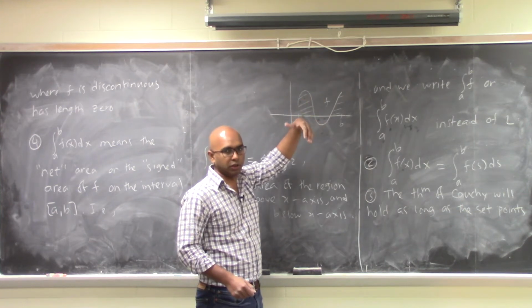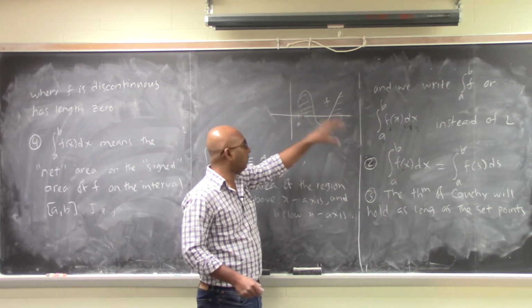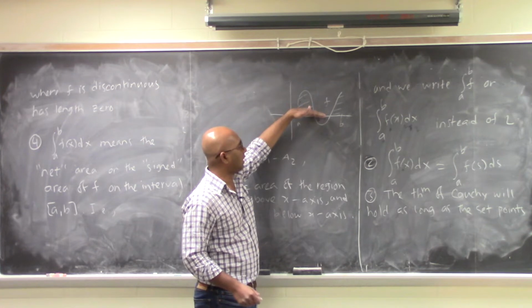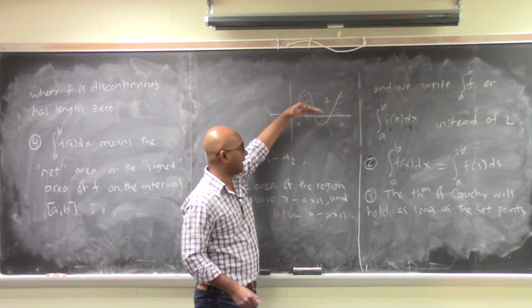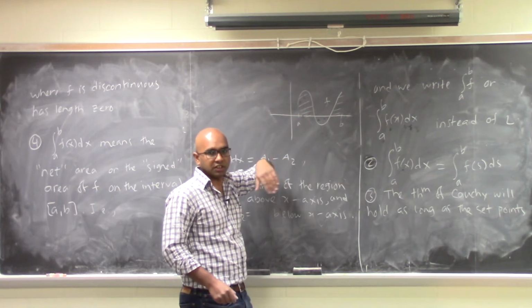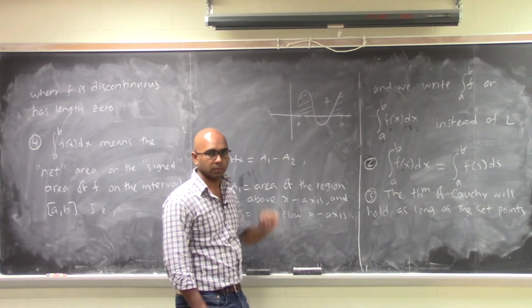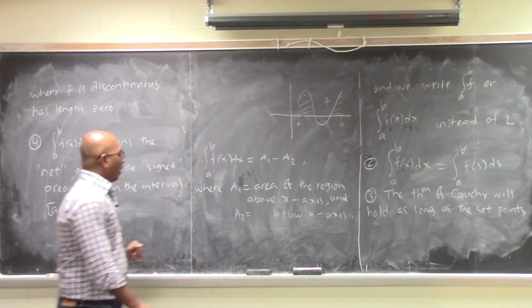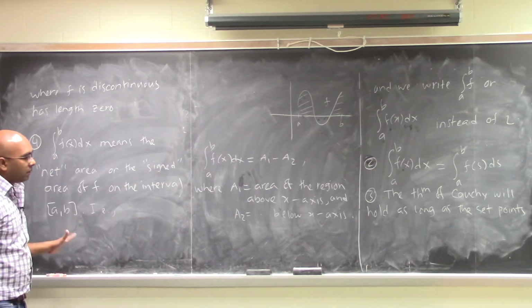Okay, you lose some area because you are taking into account the direction, whether it's on top or bottom of the x-axis. All right. So that's all about the remark.